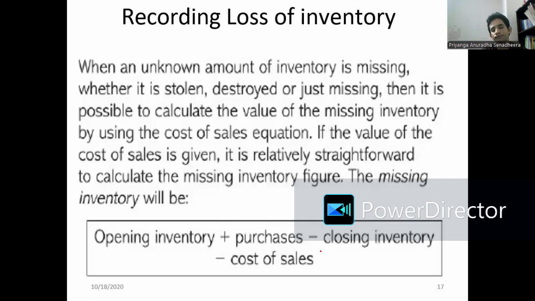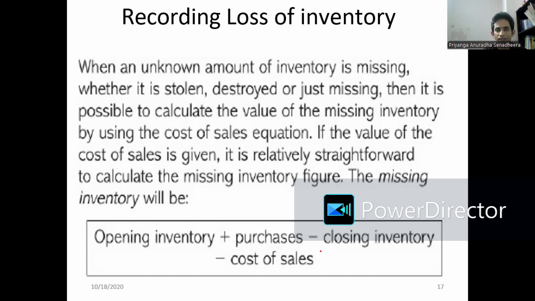Okay. Next important thing to discuss, two things to discuss before we move to preparing the income and expenditure account. Sometimes in clubs there can be situations like recording loss of inventory. It may be stolen, or missing, or destroyed, or we don't know exactly.